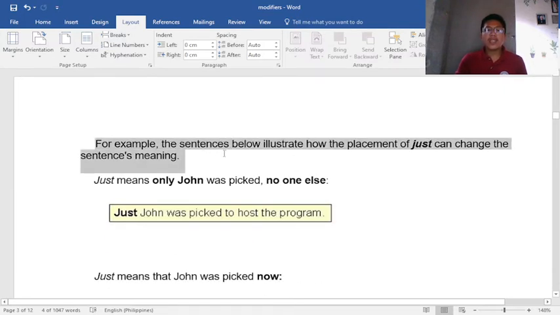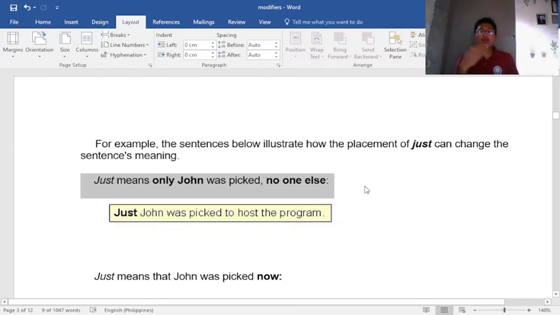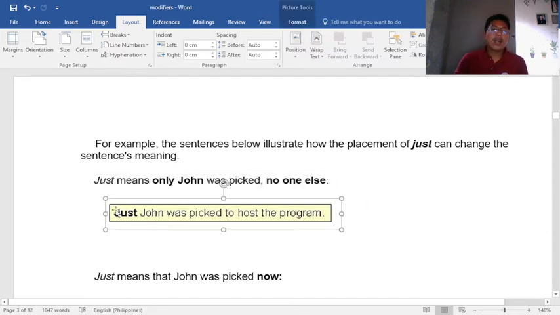For example, the sentences below illustrate how the placement of just can change the sentence's meaning. Just means only John was picked, no one else. Let's try to identify how to properly write the adverb in this particular statement. Just John was picked to host the program.